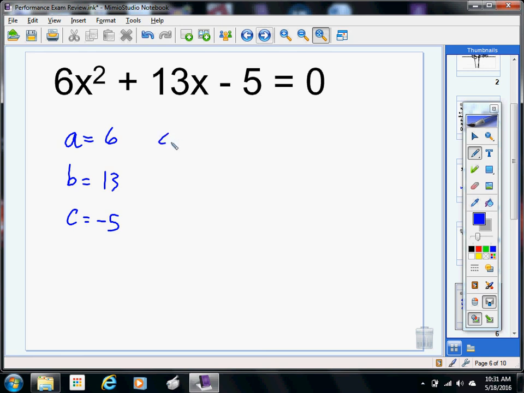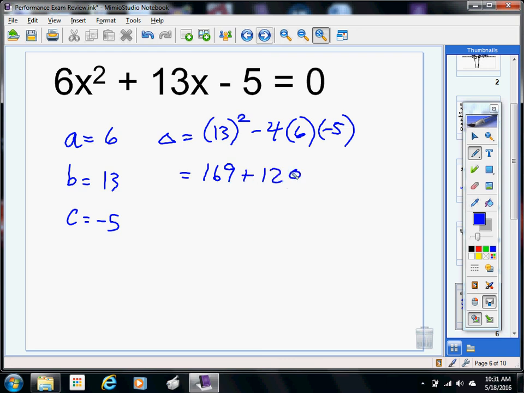13 squared minus 4 times 6 times negative 5. Guys, you're going to recognize some numbers here again. 169 plus 120. That's 289. And so x equals negative b plus or minus the square root of 289 over 12. Guys, again, this is 2 answers.